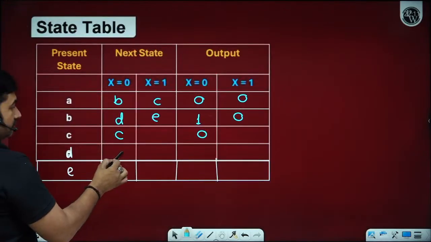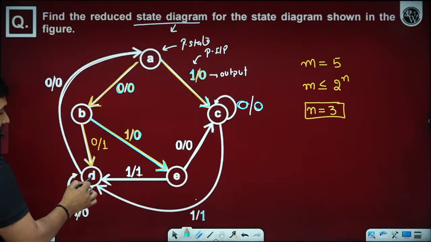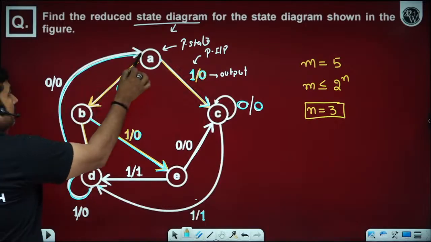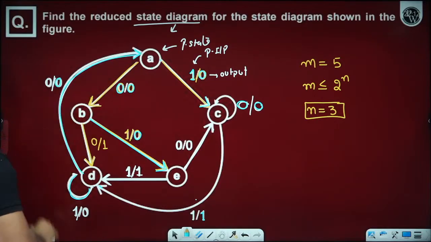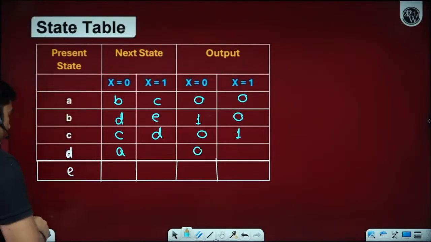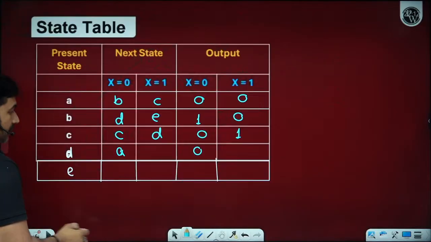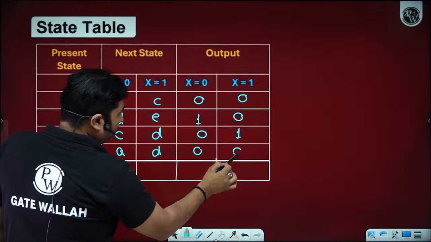So present state D, x is equal to 0, next state A, output 0. Present state D, x is equal to 1, next state D, output 0.